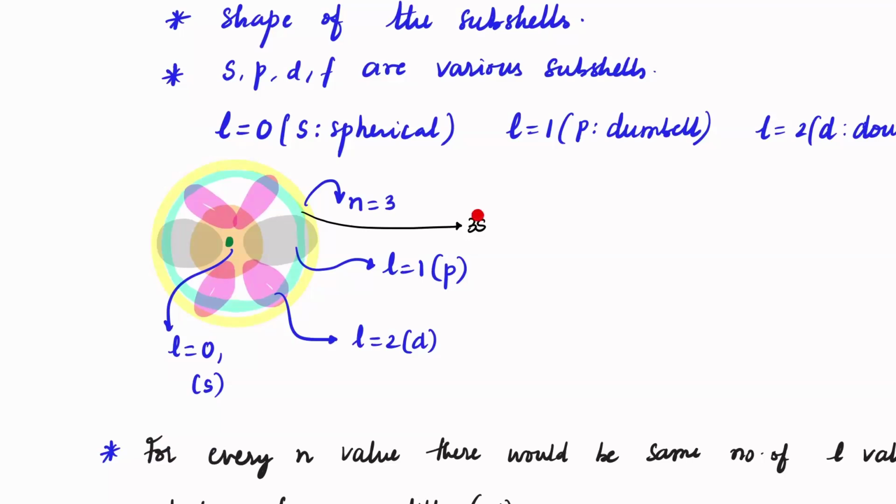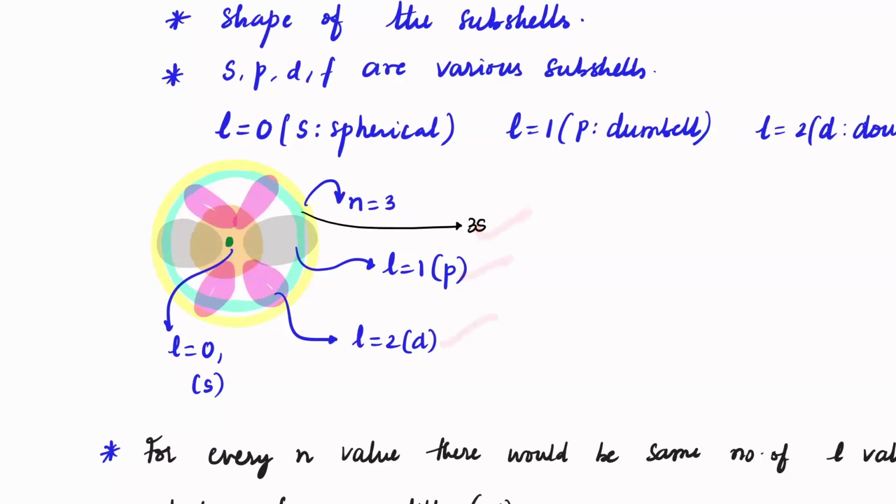One is a spherical shape, a cloud which is spherical. You'll see another cloud which is a dumbbell like this. And then a third cloud, which is like a double dumbbell. These are all combined, by the way. This is how it looks combined. So within that third shell, we are noticing three different shapes.